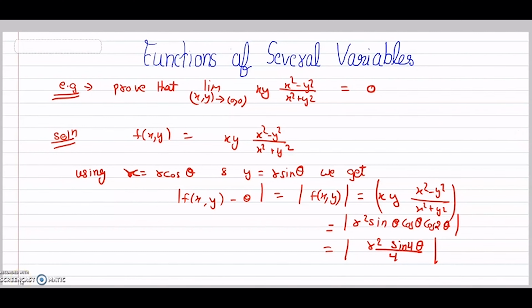And the value of sin x is always smaller than or equal to 1. So यहाँ पर हम क्या लिख देंगे? It is smaller than or equal to r square by 4. ये r square by 4 हमेशा पॉजिटिव होगा, so इसको हम लिख देंगे r square by 4, मॉड्यूलस को हटा देंगे. फाइन.